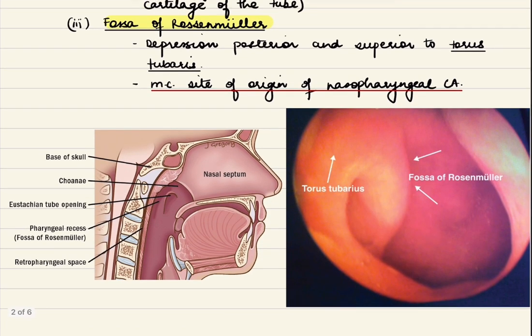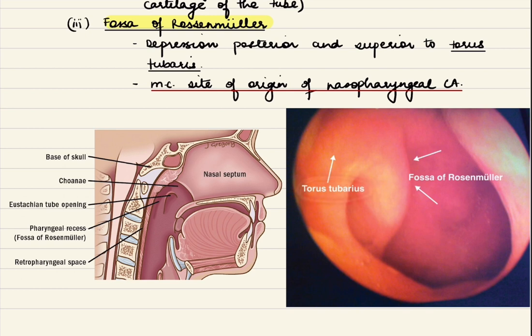So the nasopharyngeal opening of the eustachian tube, it lies around 1.25 centimeters posterior to the inferior turbinate. This is the endoscopic picture of the eustachian tube opening, and this is covered superiorly and posteriorly by an elevation, and this elevation is known as the torus tuberis.